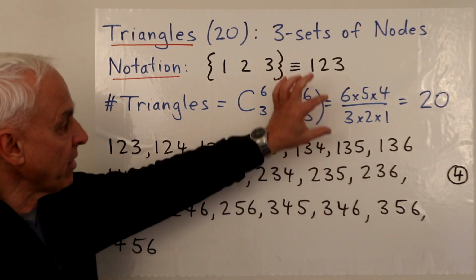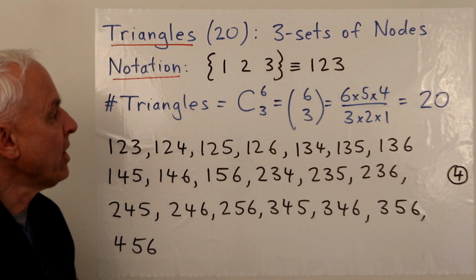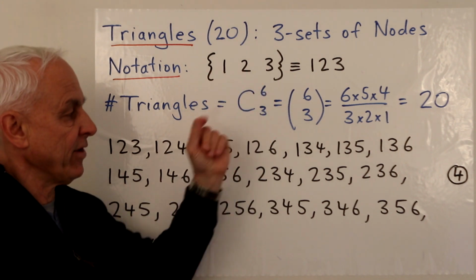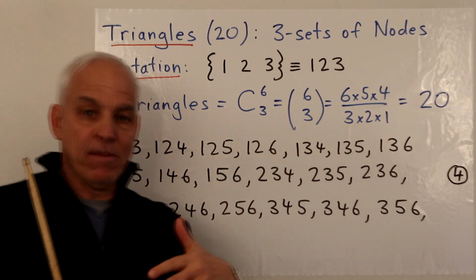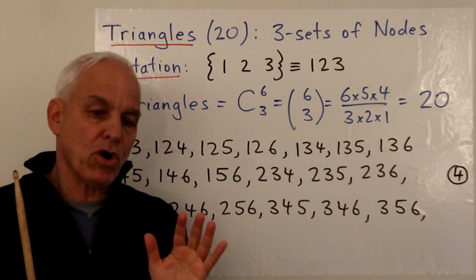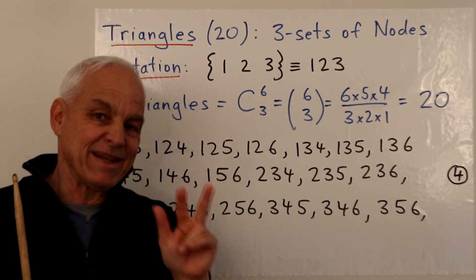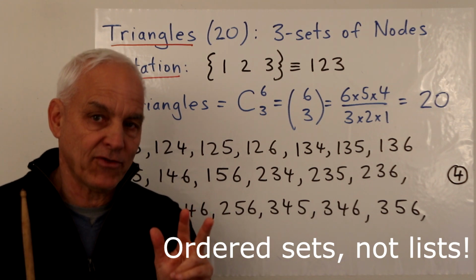Now let me say a little bit about this formula in case it's maybe not familiar or you've forgotten it. If we want to count triangles like this, the numerator and the denominator both have a meaning. The numerator is counting the number of 3-element lists, or 3-lists, that we can create from 6 things.